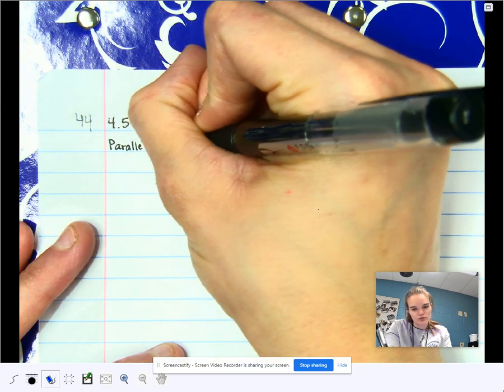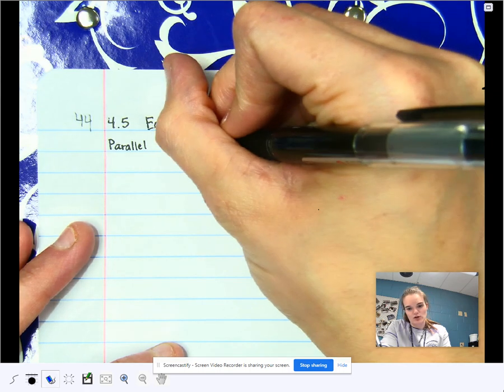Parallel lines, so if 2 lines are parallel, they have the same slope.